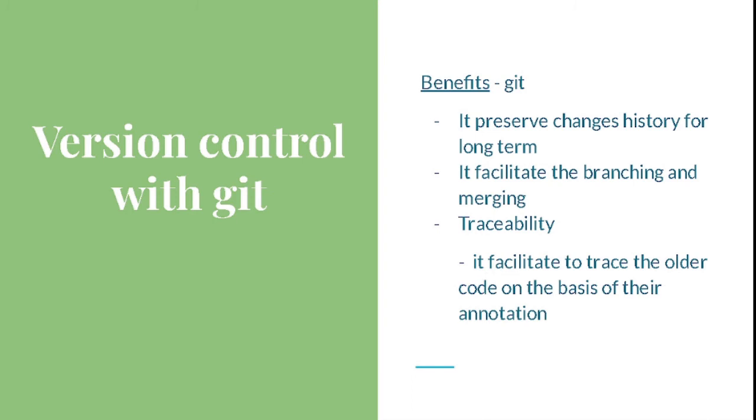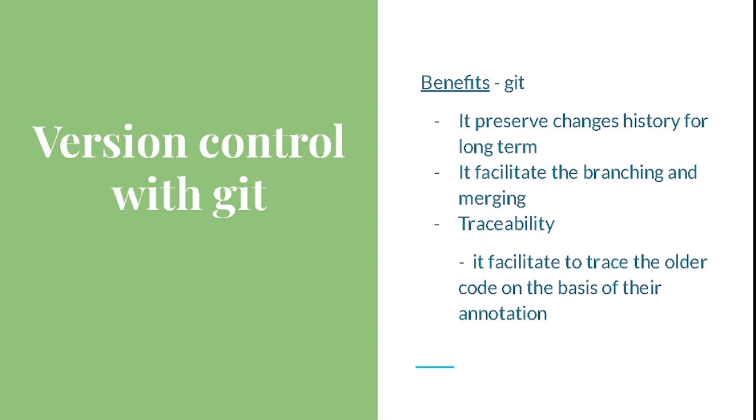The second feature is that it provides branching and merging, which I showed you on the first slide in the picture: there is a master, then we create develop from the master, then we create features, and then features are merged to develop and develop is merged to the master.